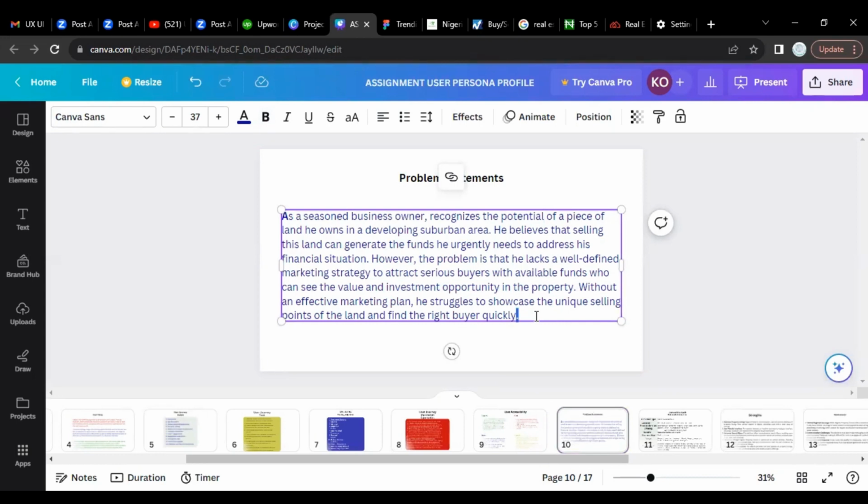I want to quickly ask, if I want to make a profile for the seller, would it go with the problem statement here, or with the profile of the seller, or should it be one problem statement for the whole app?